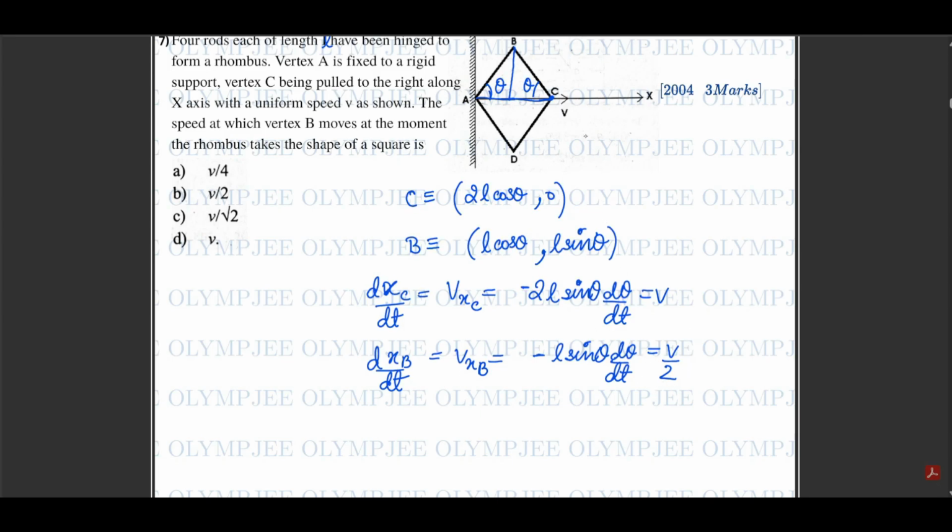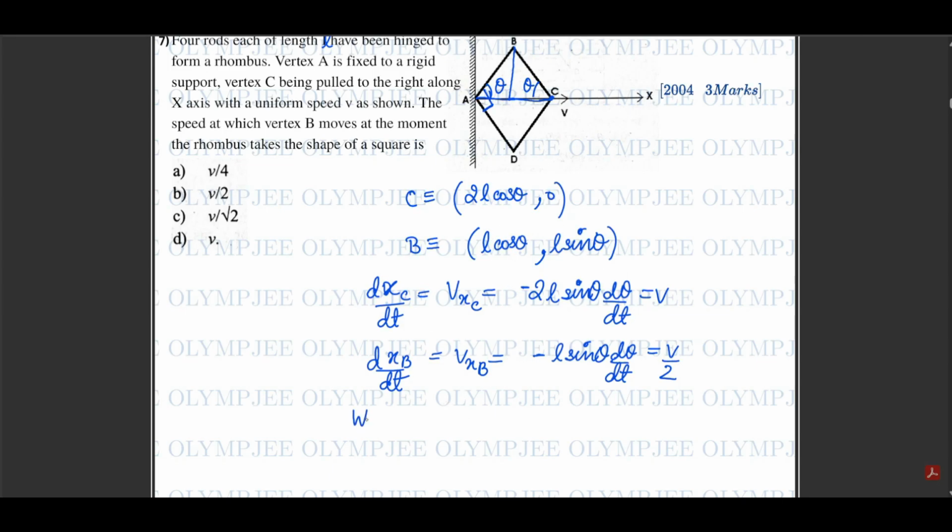So we need to find the y component of the velocity of B when the rhombus takes the shape of a square. When the shape becomes a square, theta will be 45 degrees. We can easily see that this will be 90 degrees and this will be 45 degrees. And we also know that cos and sine are equal at 45 degrees. So at this instant, the y component of B's velocity will also be equal to the x component.